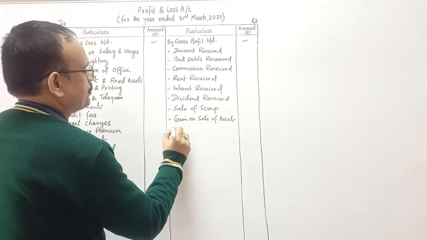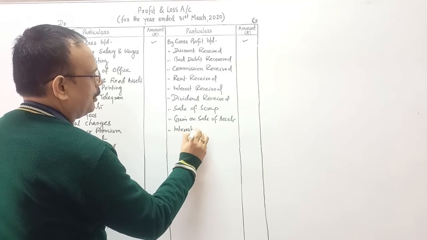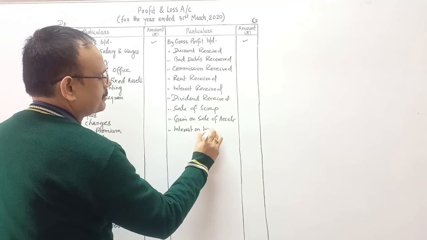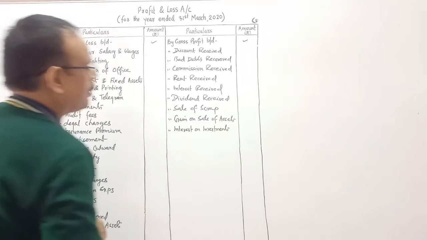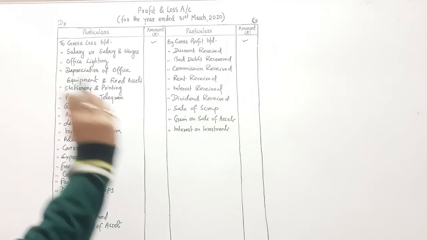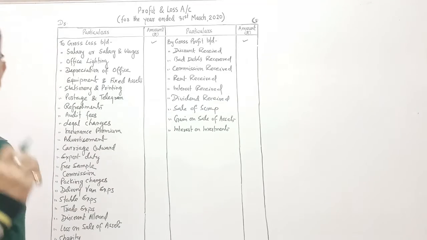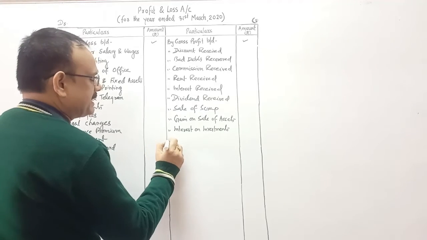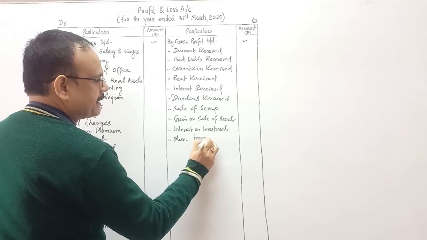Interest on investments. All indirect income we will write on the credit side. Any other miscellaneous income, you write it too.